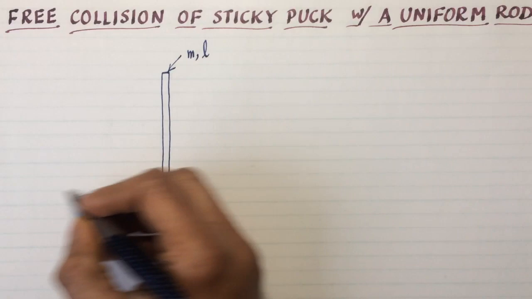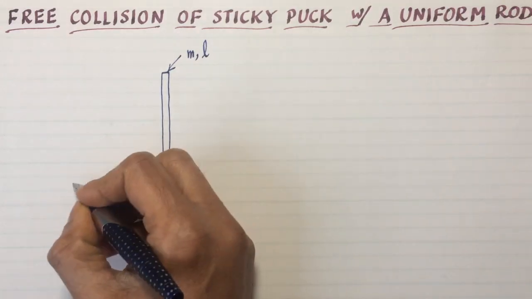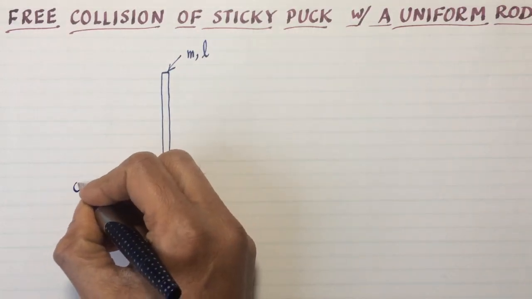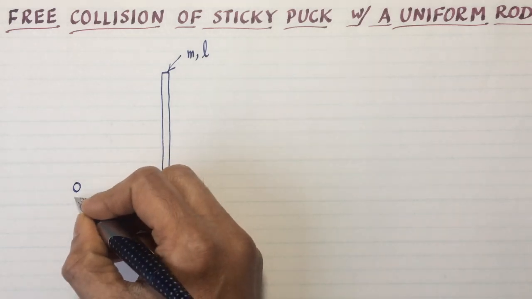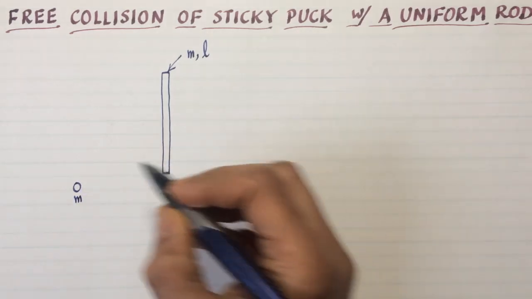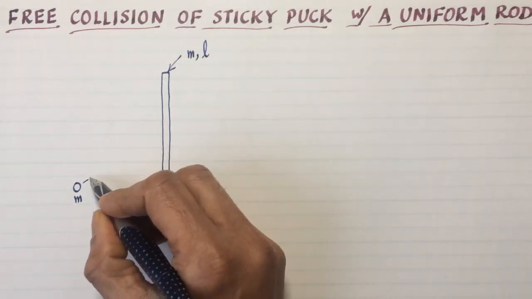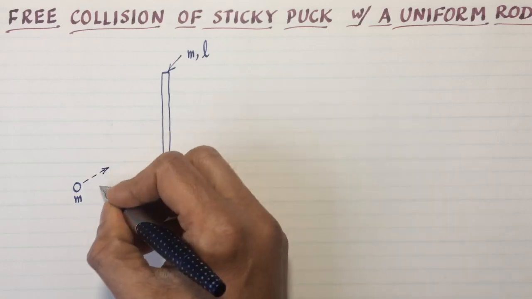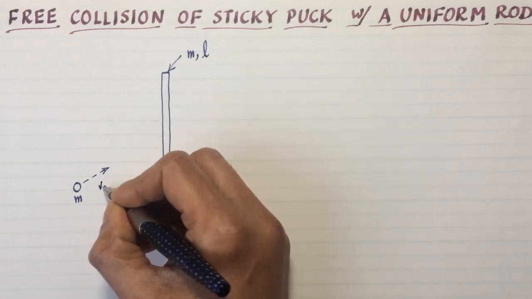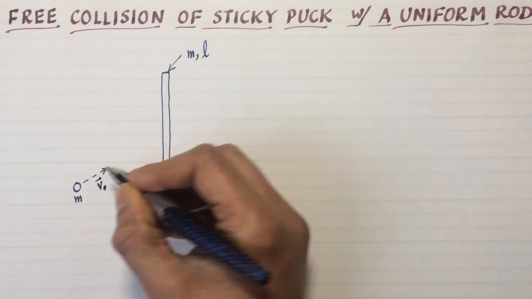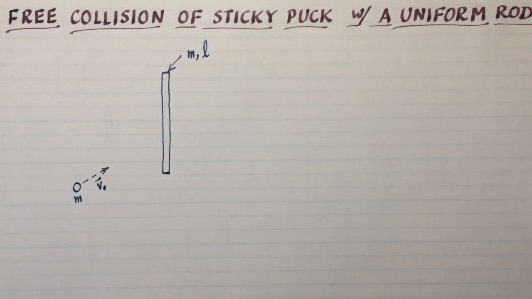and headed towards the uniform rod is a small puck, which we can assume to be a point mass in this case, and it's moving towards the rod with an initial velocity v0.